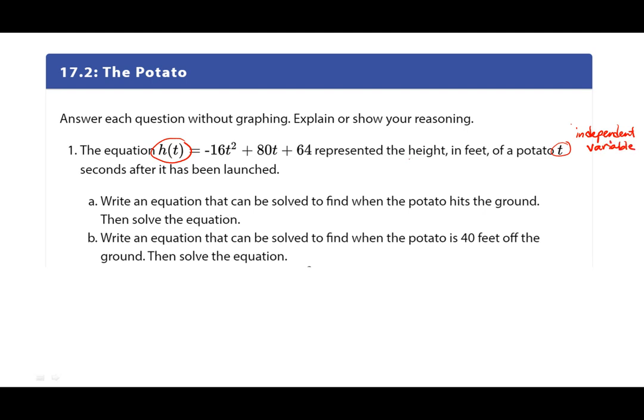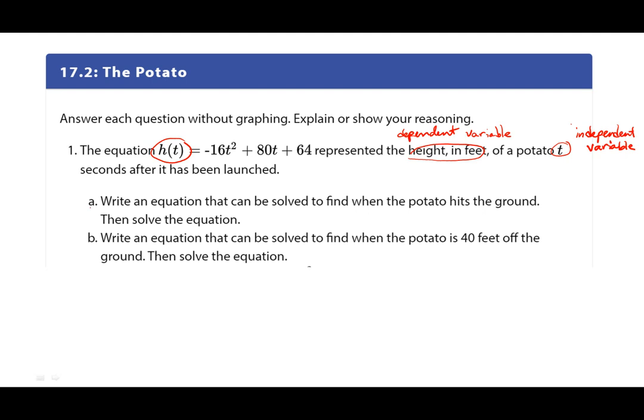And the height in feet is going to be what depends on that, so our dependent variable. So that means h of t in our function notation, height is depending on time.